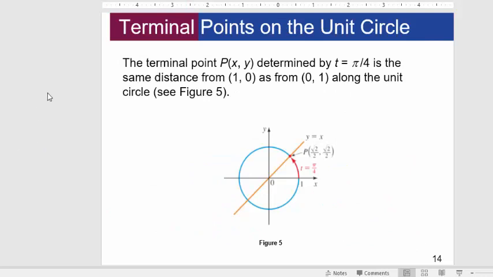All right, so pi over 4. Pi over 4 is actually half of pi over 2, so it's halfway between 0 and pi over 2 along the unit circle. And if you remember, pi over 4 is like a 45-degree angle.